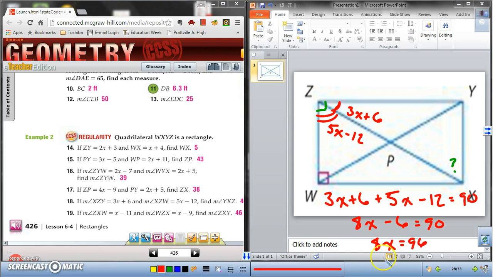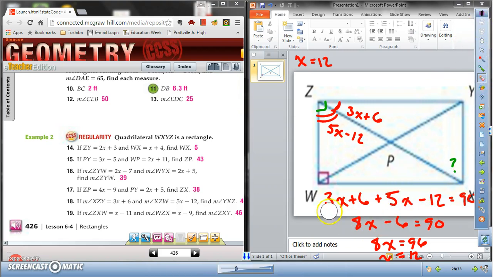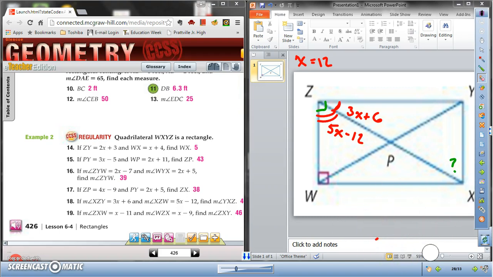Divide by 8. Okay, so x is equal to 12. I'll put that information right up here. Okay, that's first and foremost, I need to know what x is. That way I can go back and find actual angle measures for these two angles here.